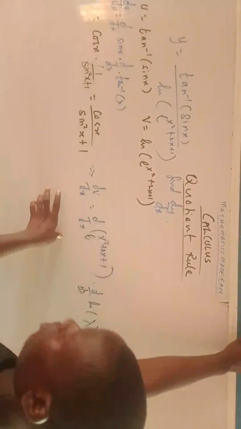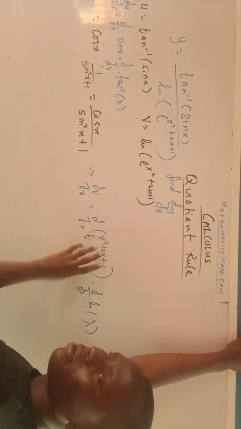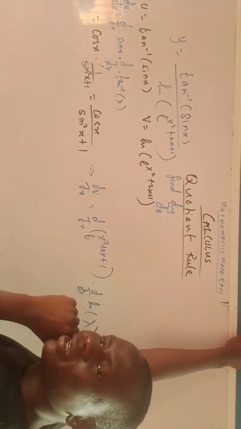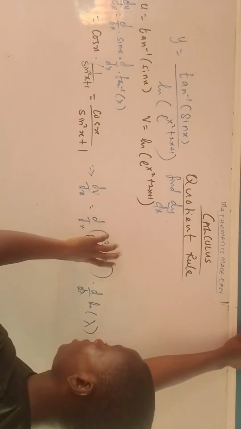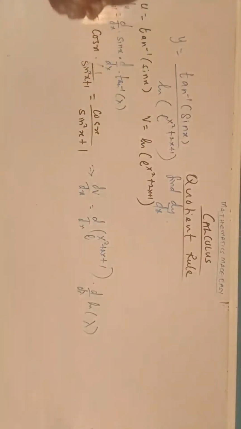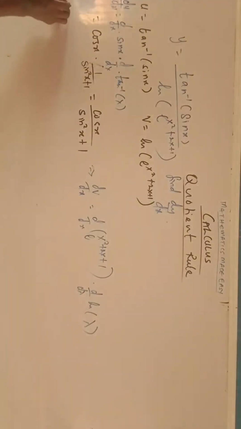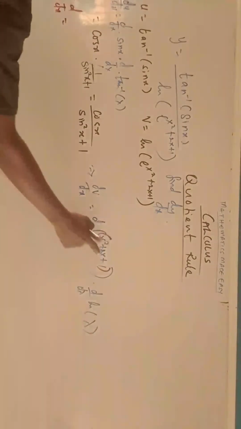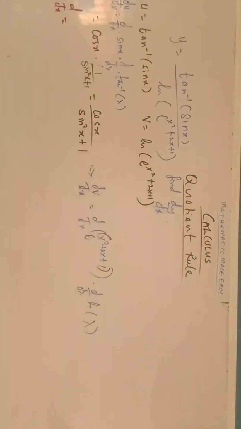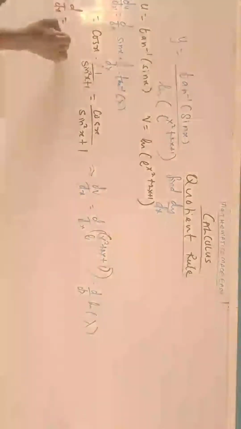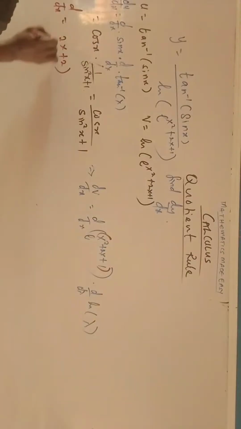Now this is where another problem comes. You have exponential x squared plus 2x plus 1, so how can we find the derivative of this? You are still going to make use of another chain rule. You differentiate x squared plus 2x plus 1, and you get 2x plus 2.